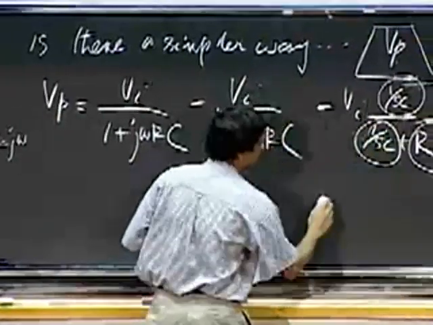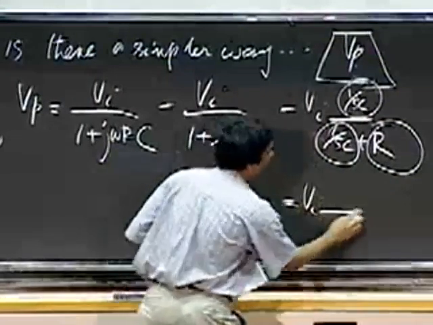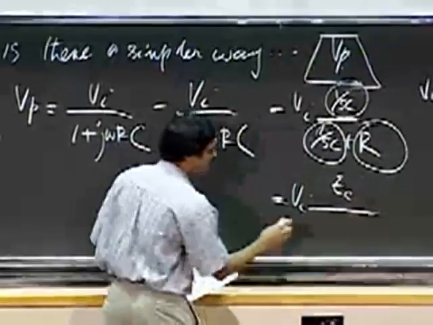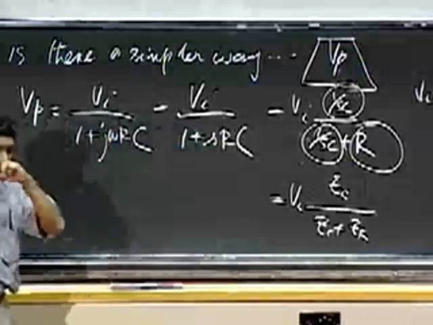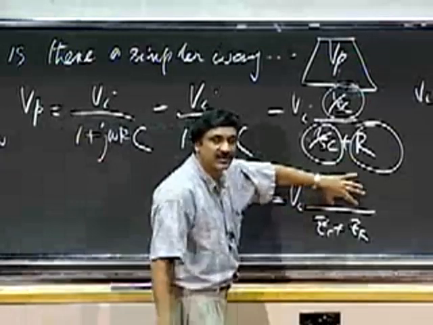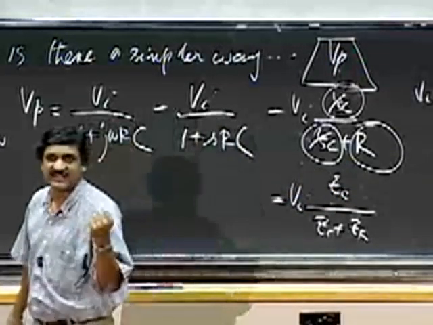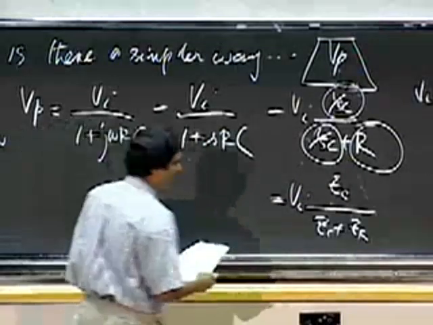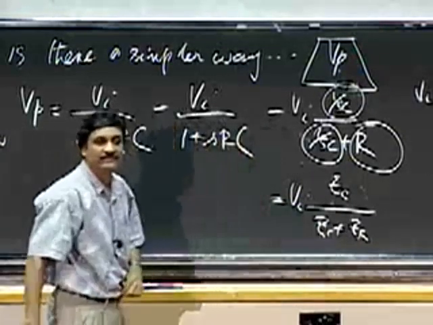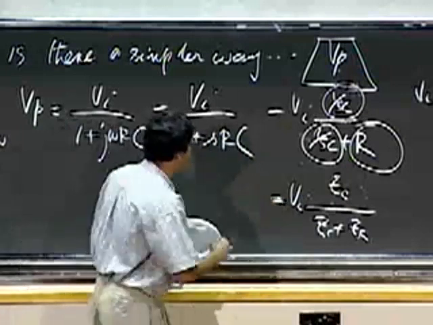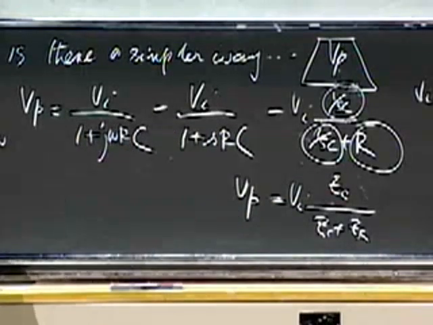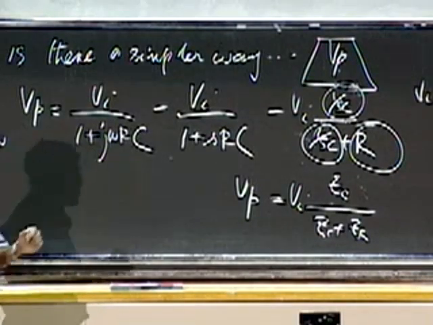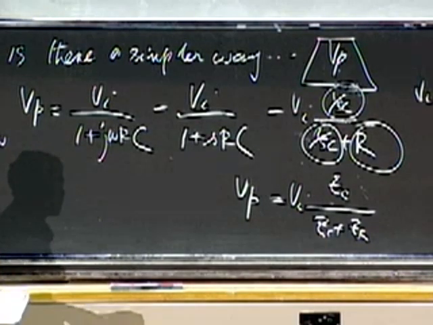So what I'm going to do is replace those terms with something called ZC plus ZR. If I can find out the ZR and ZC somehow, I can write down VP by inspection by the voltage divider action, by some generalization of the good old Ohm's law that I know about.